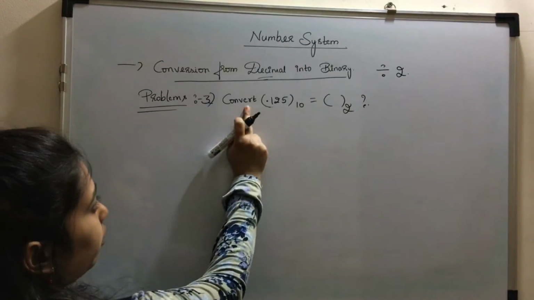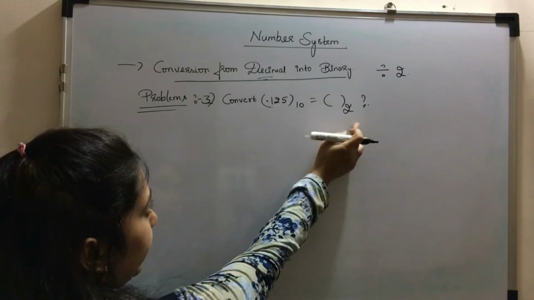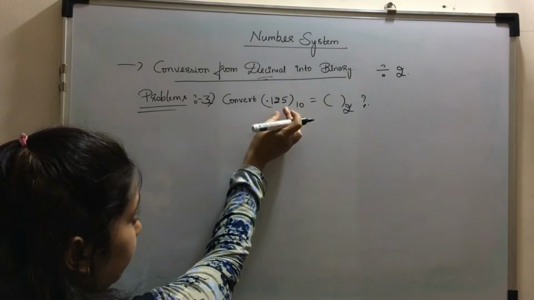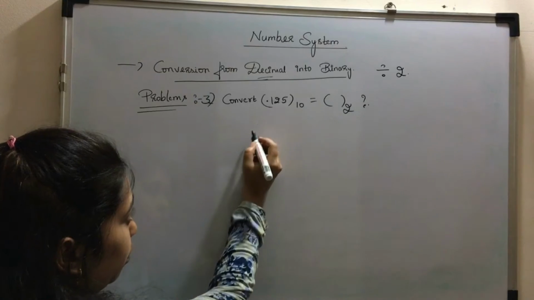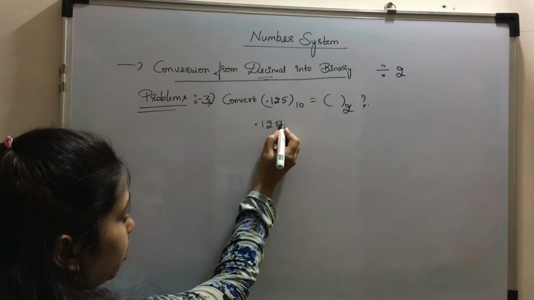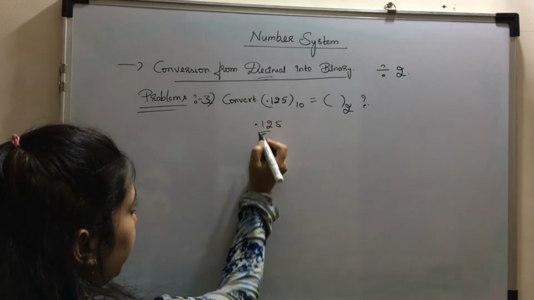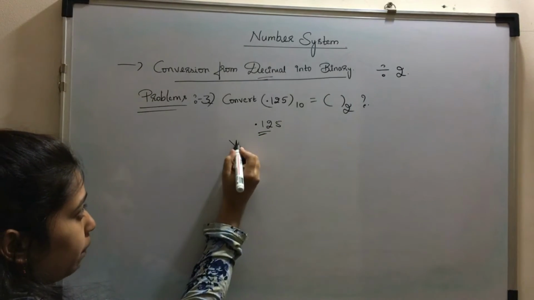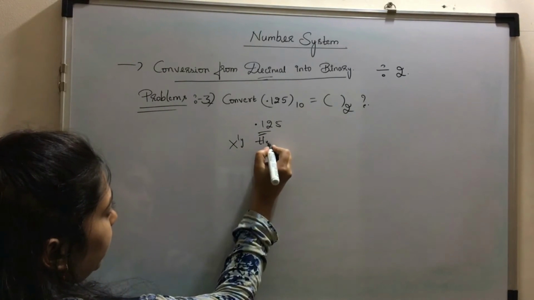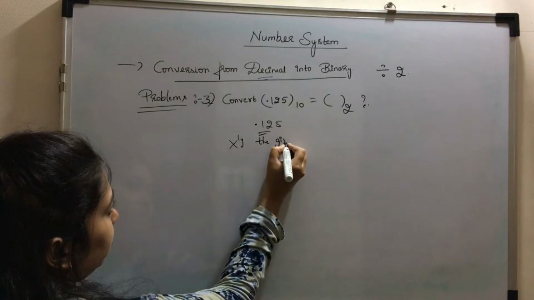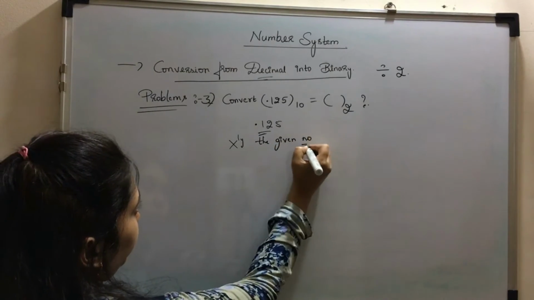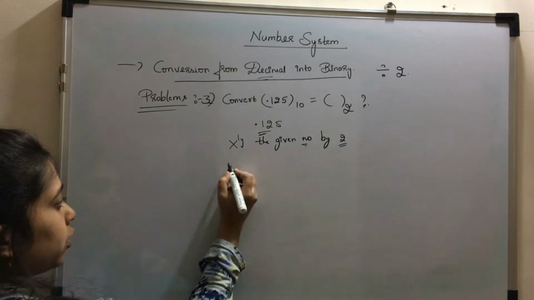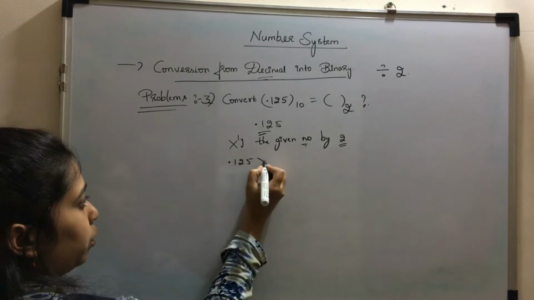So the next question is convert 0.125 base 10 to binary. The given decimal number is 0.125. This is not an integer number. This is a decimal number. So now we have to multiply the given number by 2. So 0.125 into 2.